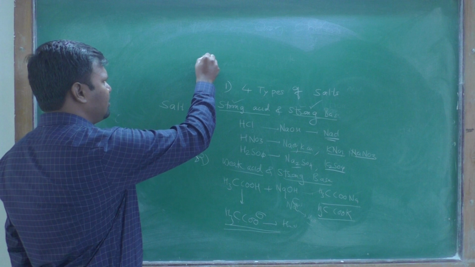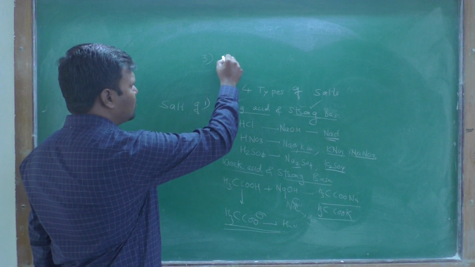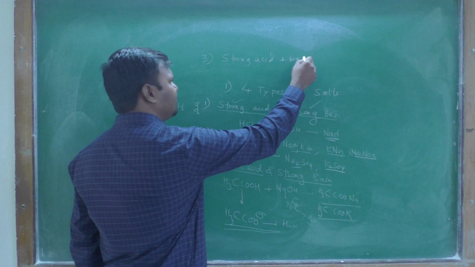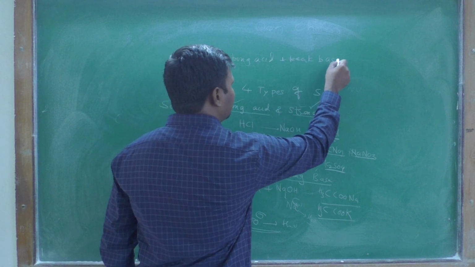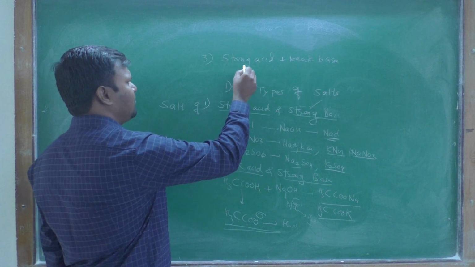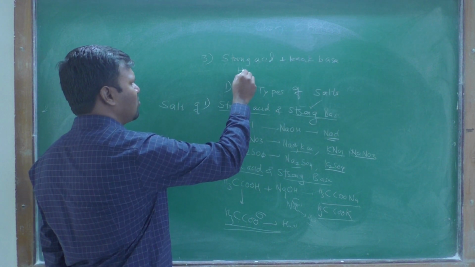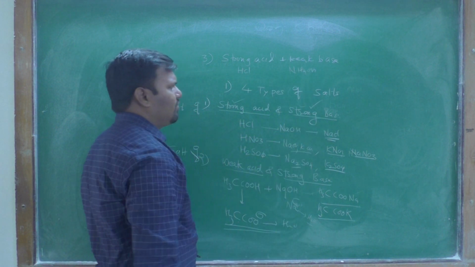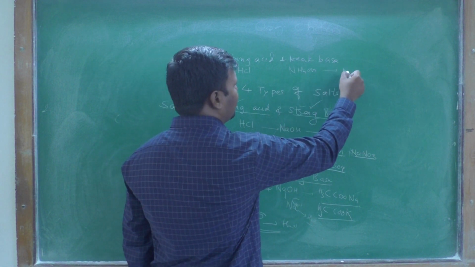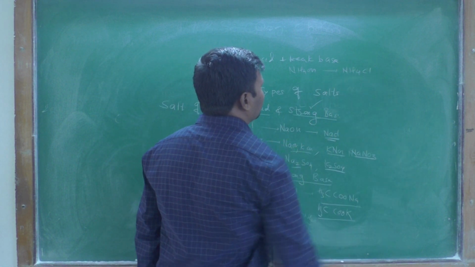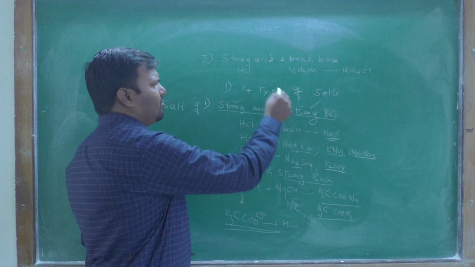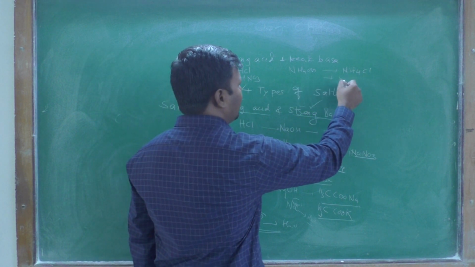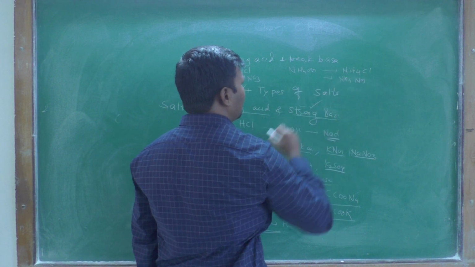The third type of salt is the salt of a strong acid and a weak base. Suppose we have a strong acid, HCl, and a weak base, NH4OH. Therefore you will obtain the salt NH4Cl. If you have HNO3, it gives NH4NO3.